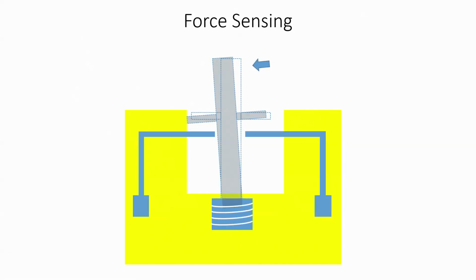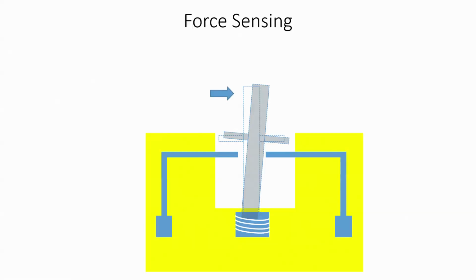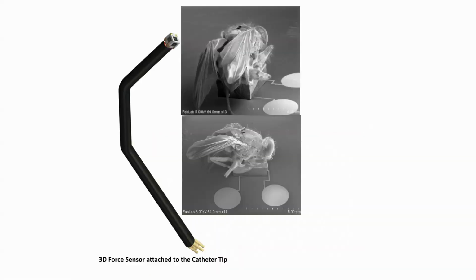Now, when we talk about force sensing, again another design, right. When we talk about force sensing, what kind of force sensor do we want to design? Here you can see a 3D force sensor attached to a catheter tip. Observe this section carefully.